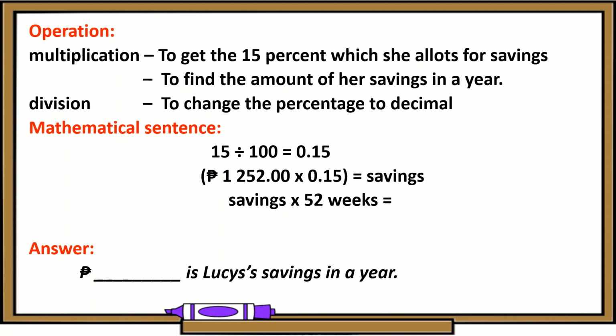Then our mathematical sentence here is 15 divided by 100, which is equal to 0 and 15 hundredths. Then, 1,525, yun yung kanyang earning, ita-times natin sa 15 hundredths para makuha nyo yung savings. Pag nakuha nyo na yung savings, ita-times nyo sa 52 weeks for you to get the answer as Lucy's savings in a year.